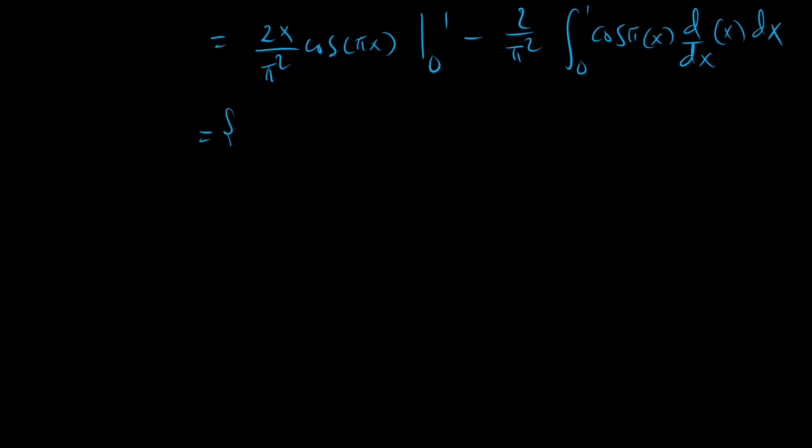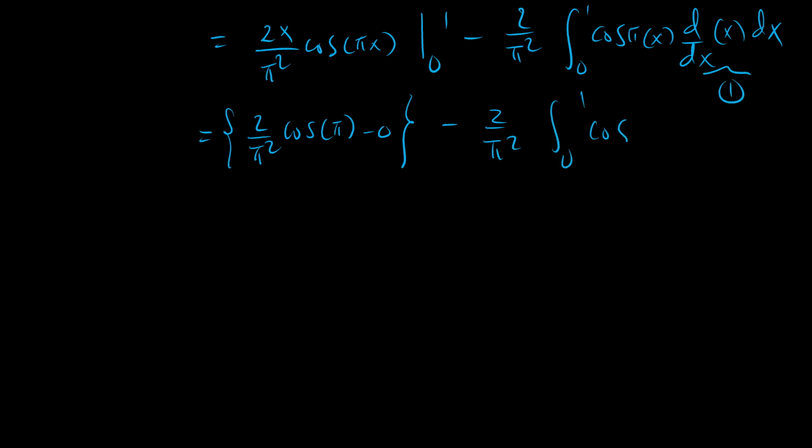So this is the same as 2 over pi squared cosine of pi, minus 0, minus 2 over pi squared. This becomes 1, so we have the integral from 0 to 1 of cosine of pi x.